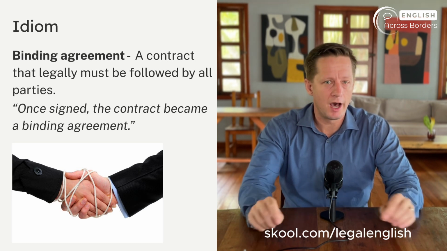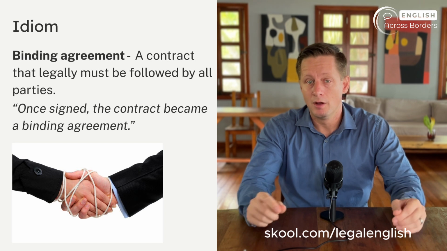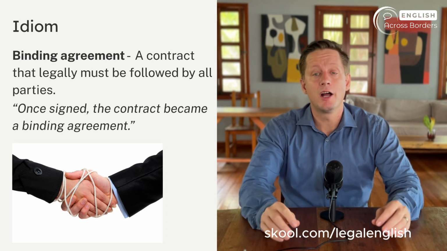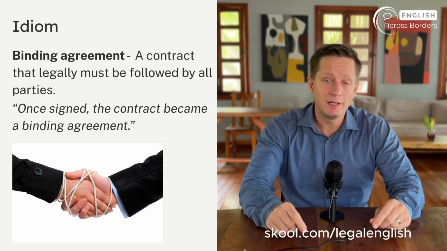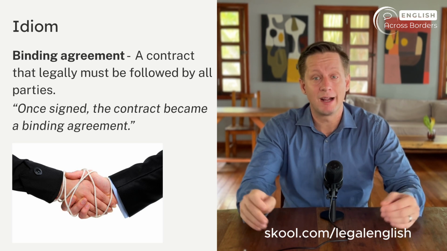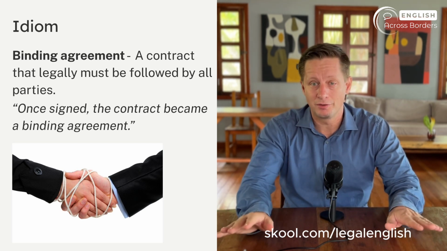It is not optional. The law makes it necessary. For example, once signed, the contract became a binding agreement. This means the parties promise to do what the contract says, and the law will enforce it if they don't.